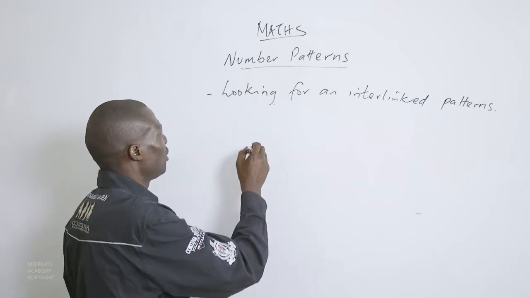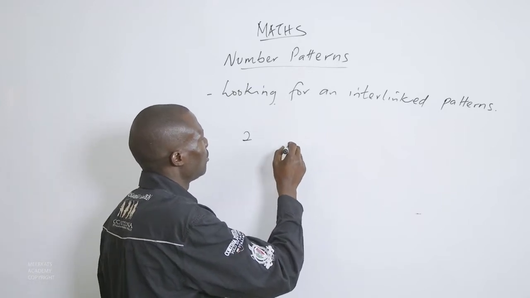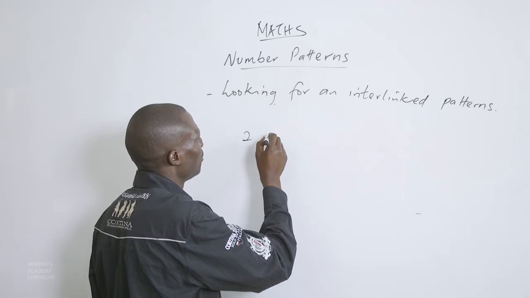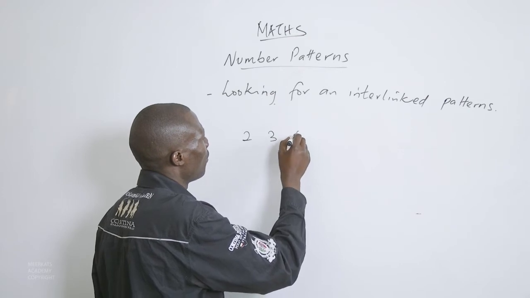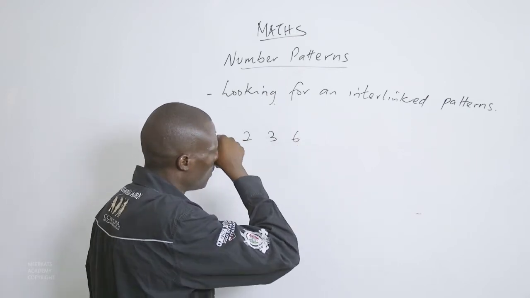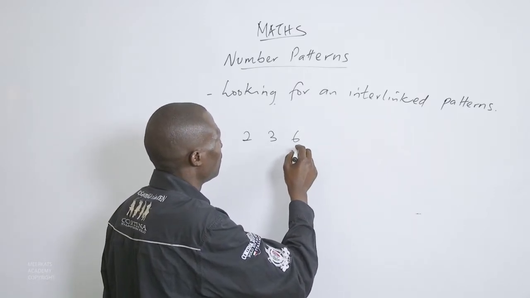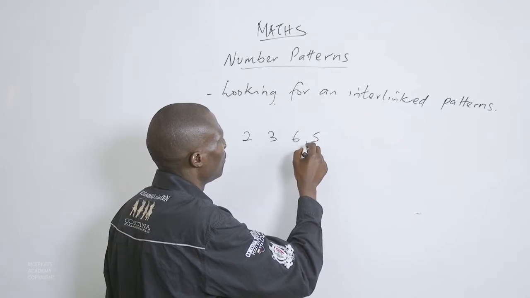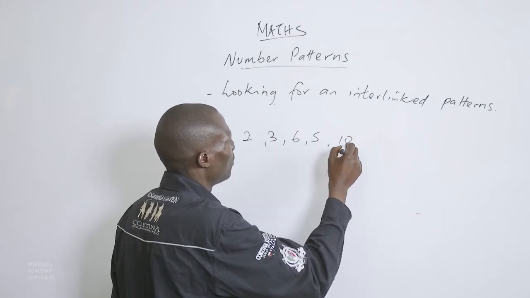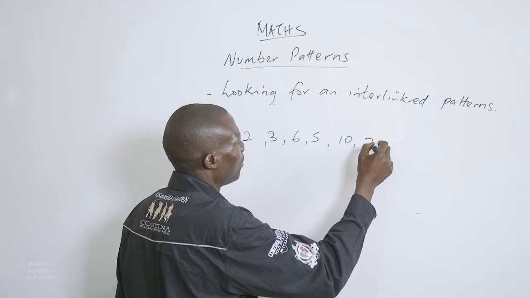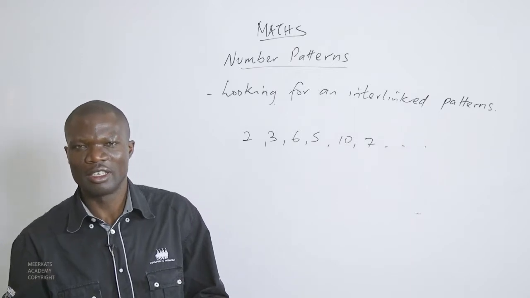We can have a number like 2, now, we have a certain sequence here.